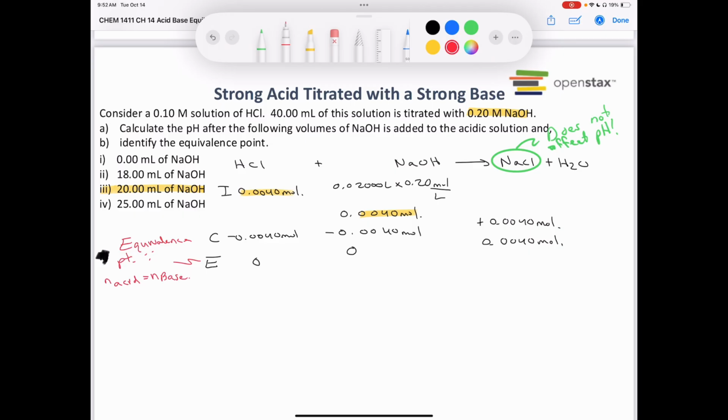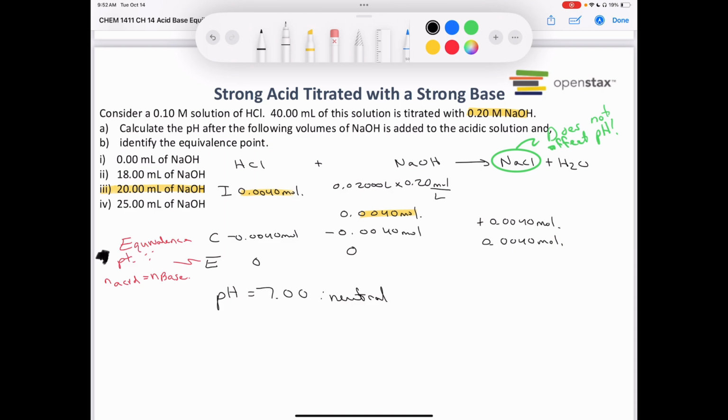And since all the titrant has been completely neutralized by the analyte, again, we're at the equivalence point. Since all the HCl is gone, all the sodium hydroxide is gone, and sodium chloride doesn't affect pH, we can just write down that our pH is going to be equal to 7.00, right? This is going to be neutral. There are no species in here that are acidic or basic.